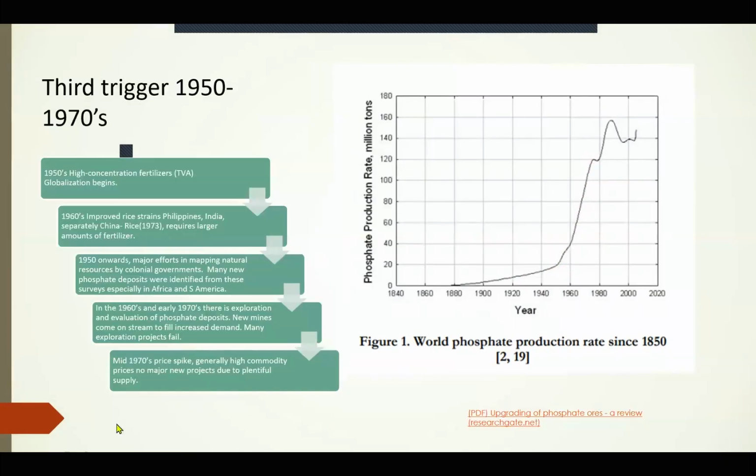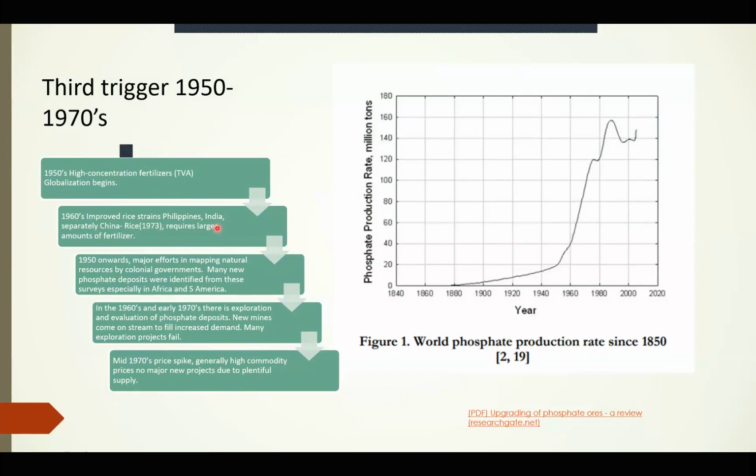Okay, so the next one. Okay, so we have high concentration fertilizers in the 1950s, which is the third trigger for production. So we get more out. The other trigger, and this is the major one here, 1960s, you have improved, the same TVA that was involved in Mexico is involved in improving rice strains in the Philippines and India in the 1960s.